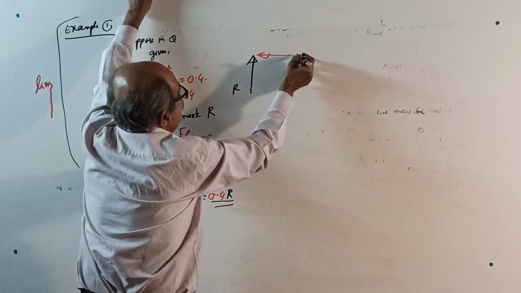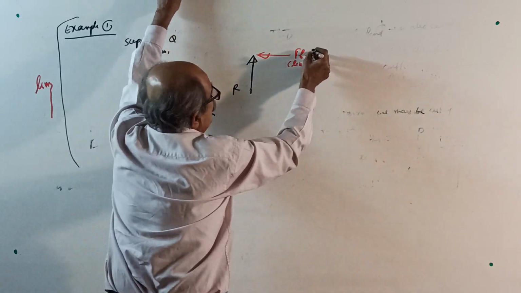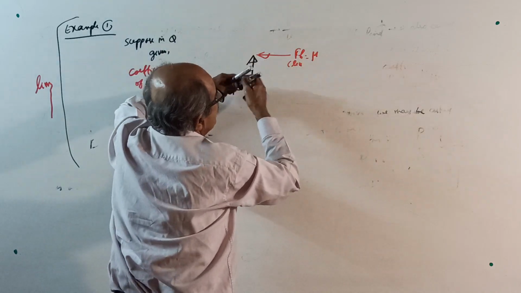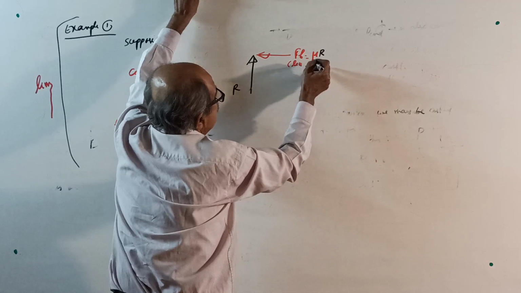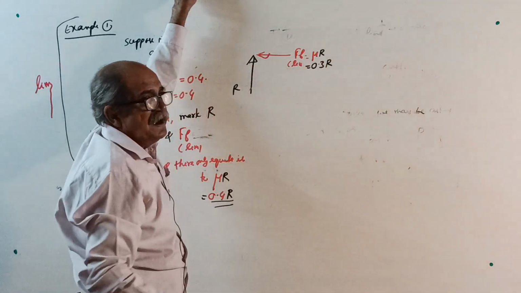You write here F limit equal to mu into R, there only write 0.4 into R. This is what I told.